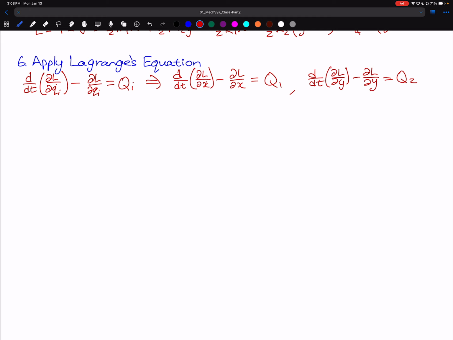Okay, so we're going to start off looking at the first equation for x. The way I like to do this is I'm going to break it up into pieces and go step by step. So we're going to have d over dt partial L over partial x dot. It's going to be equal to d over dt times the quantity.